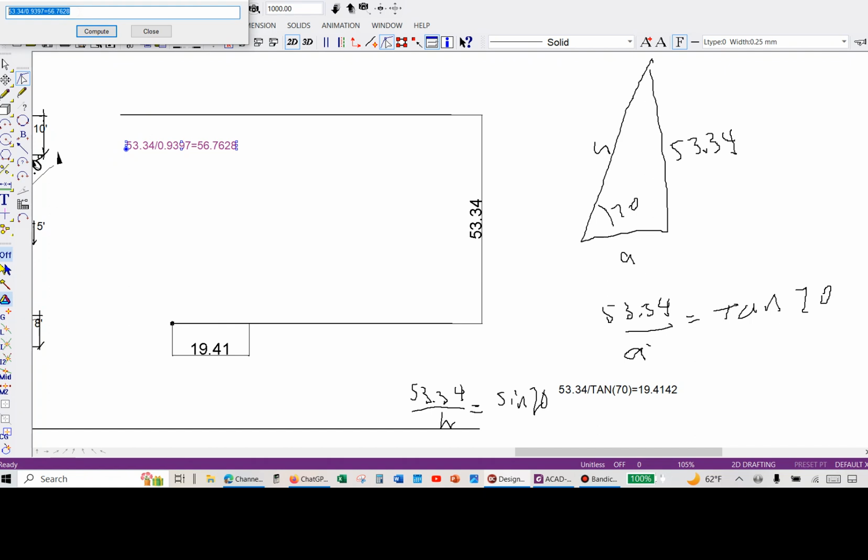But why would that happen? 53.34 divided by sine of, I think I put in 20 degrees instead of 70. Yeah, because I was thinking of this angle, 20. That's going to be better. 58.732, that's it. So that's the arc you would swing right here.